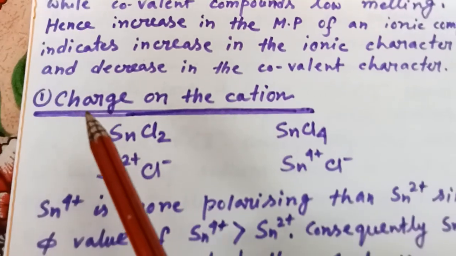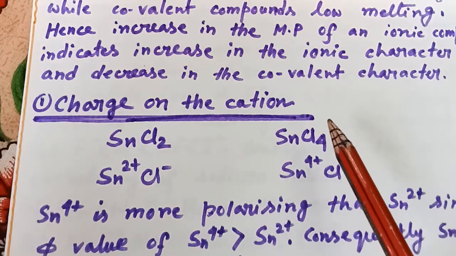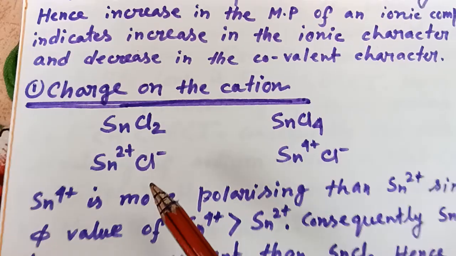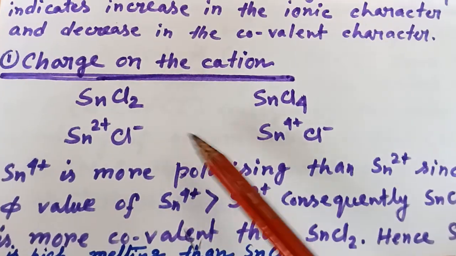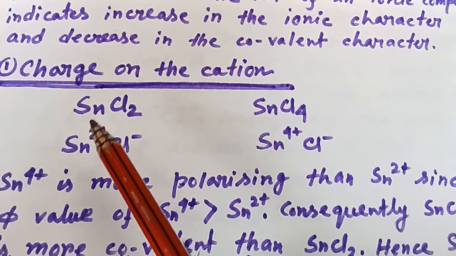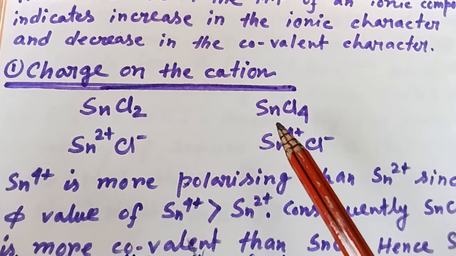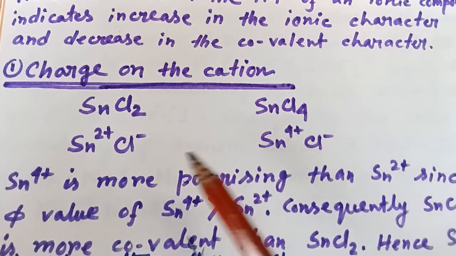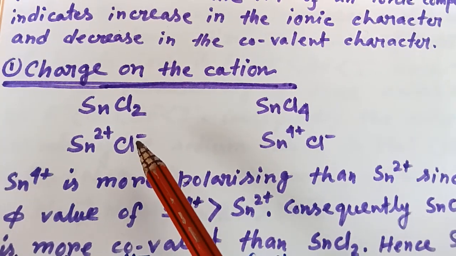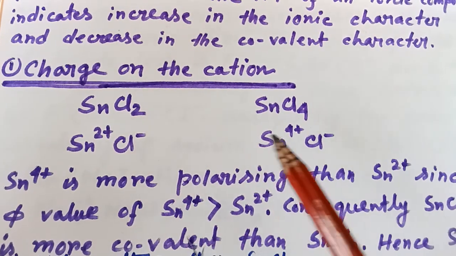Now we consider charge on the cation. Let us consider, for example, SnCl2 and SnCl4, both of which contain the same anion Cl minus.